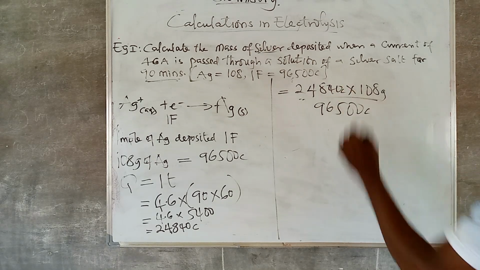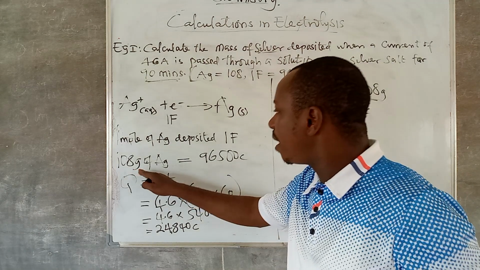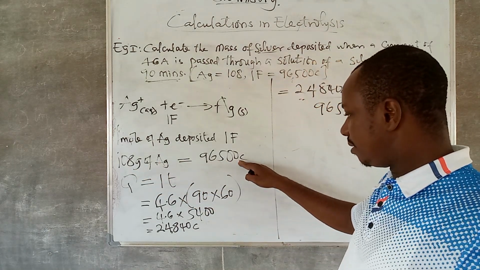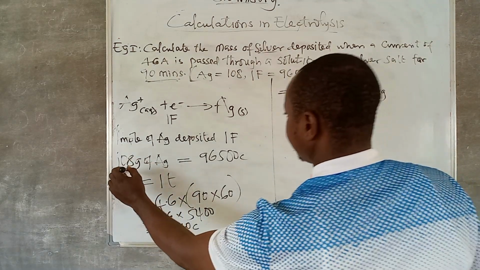Don't forget this one is coulomb also. Remember, 108 gram of silver deposited this. Do you get it?